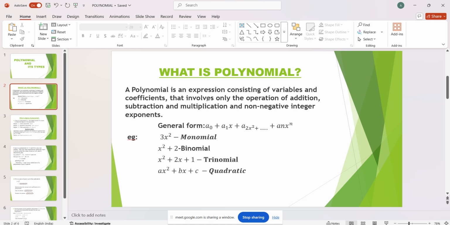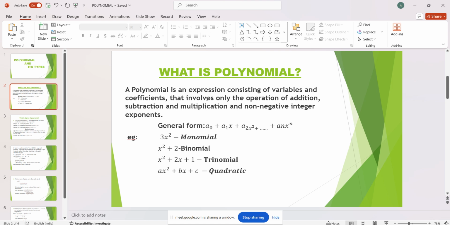Then there are different types of polynomials. First one, monomial. Mono means one. A polynomial that has only one term is called a monomial. Example, 3x square. Here 3 is the coefficient and x is the variable.